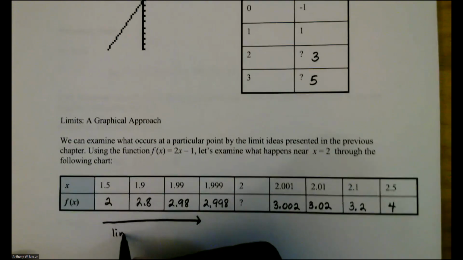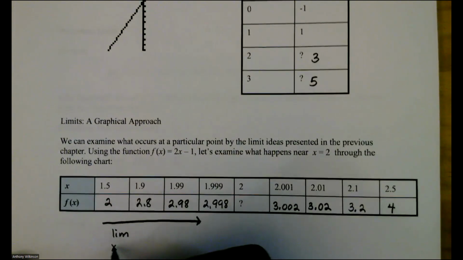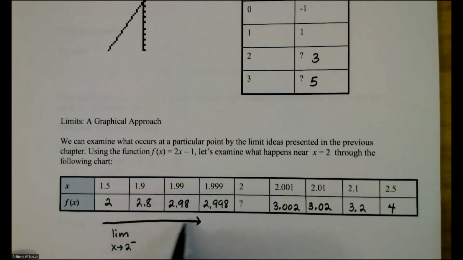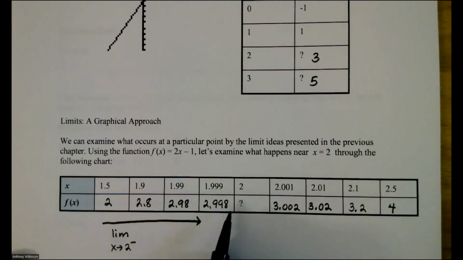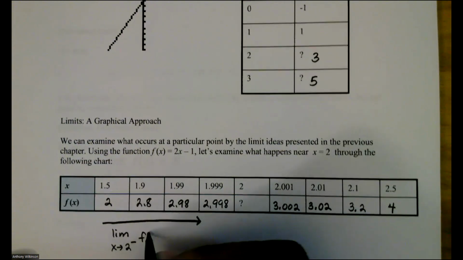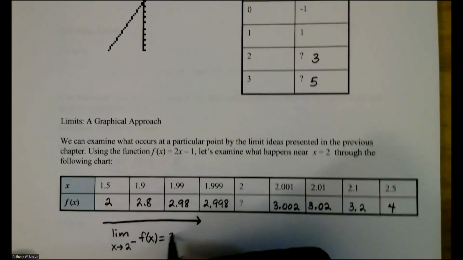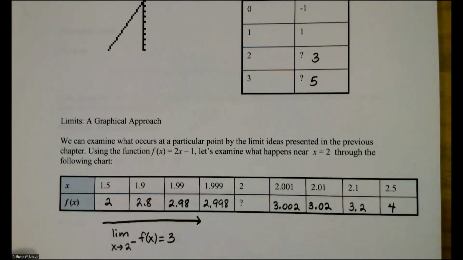So that means here the limit as x approaches 2 from the left, as we come from the left of 2, the value of f of x is getting closer and closer, in this case, to 3. So from the left of 2, the value of f of x gets closer and closer to 3.